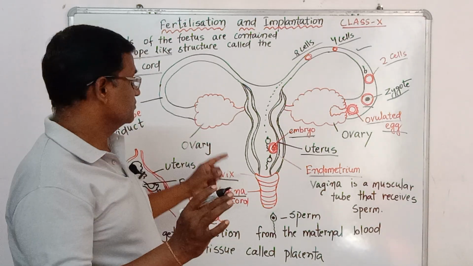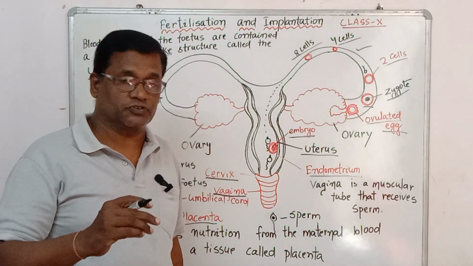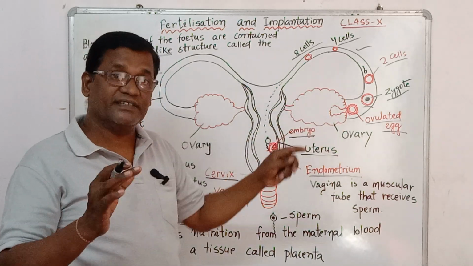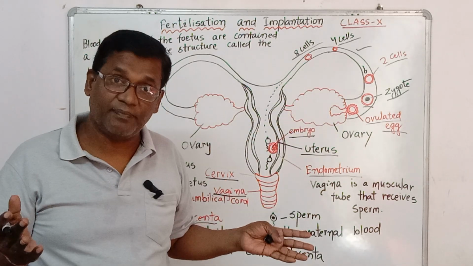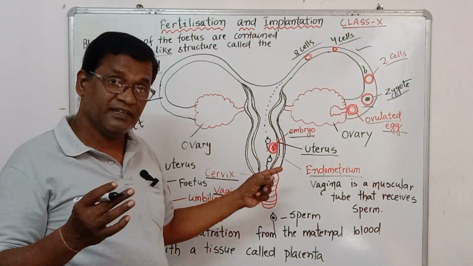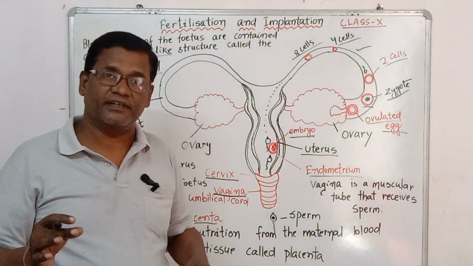Now suppose one condition: the egg is released from the ovary and is not fertilized by the sperm. What will happen? As I explained with the school example, the uterus had become ready, so it will degenerate and shed, meaning it comes outside.